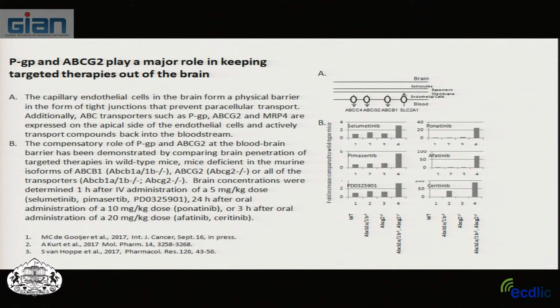Vice versa, when ABCG2 is knocked out, MDR1A, 1B is able to take over that function. Only when you remove both these transporters can you see accumulation. And that's actually the first in vivo demonstration, as far as the blood-brain barrier goes, of how these transporters function together.